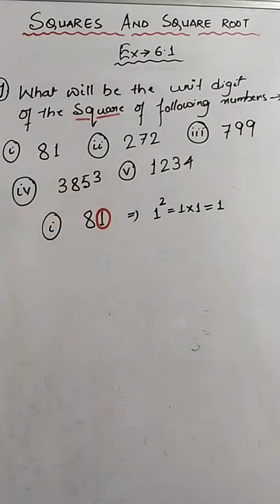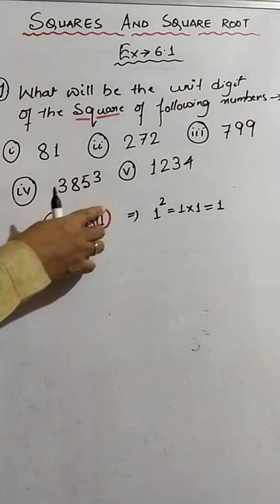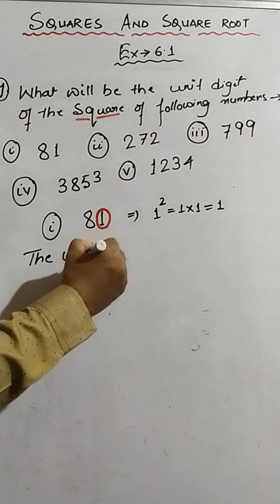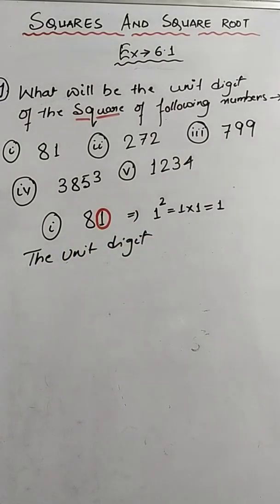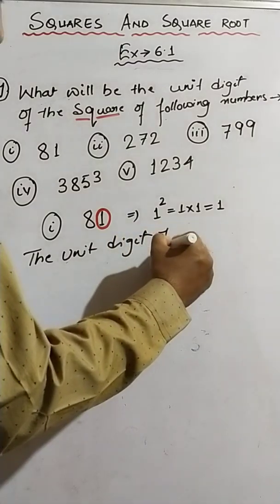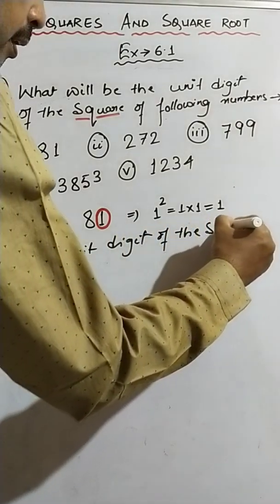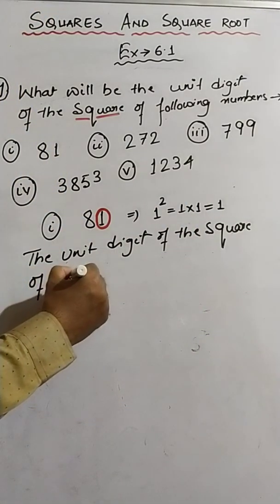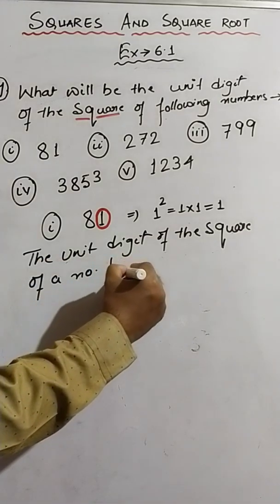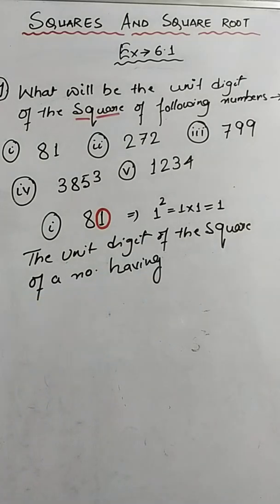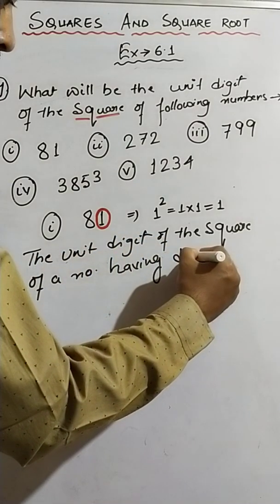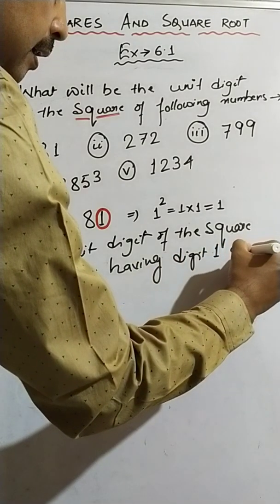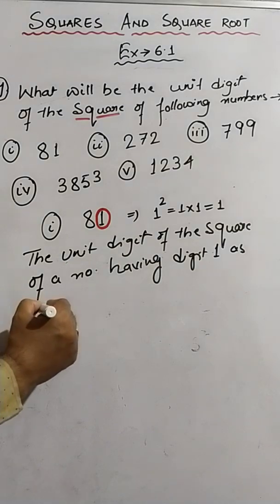Now as we have started with 81, and 81 carries 1 as a unit digit, you will write this: the unit digit of the square of a number having digit 1 as unit place.